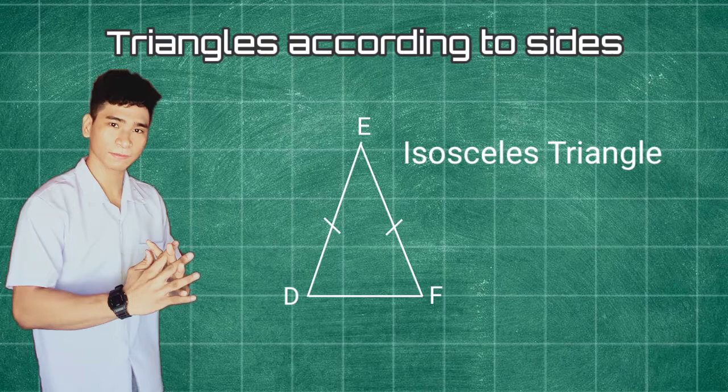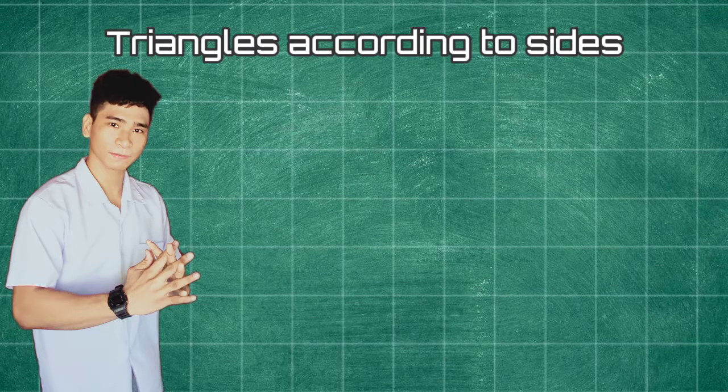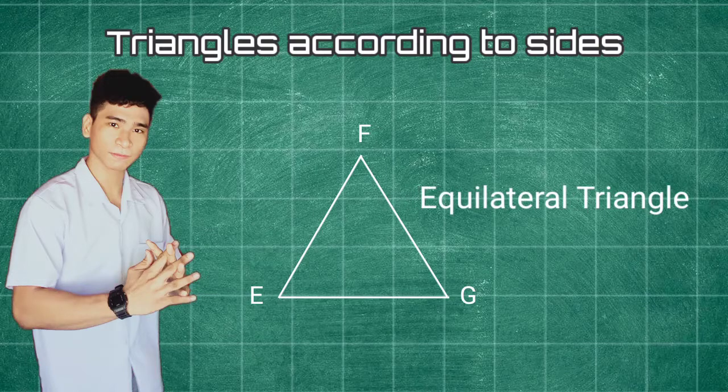So it means the two sides are the same size. Let's move to the equilateral triangle. We have triangle EFG. Each side of this triangle is congruent, so it means all sides are the same size. Para matawag natin siyang equilateral triangle.